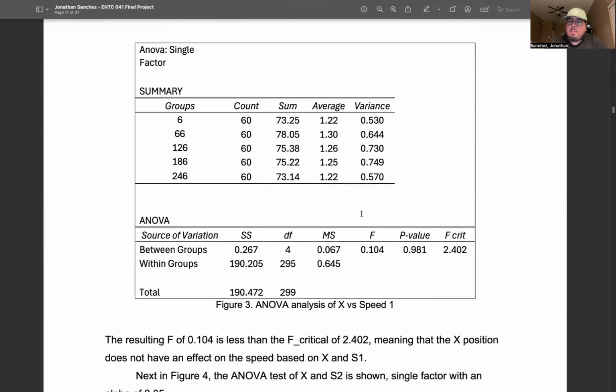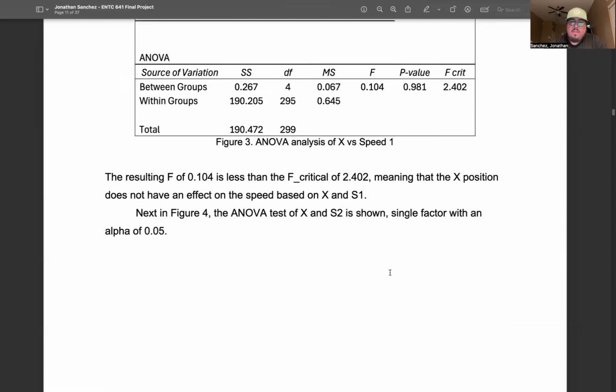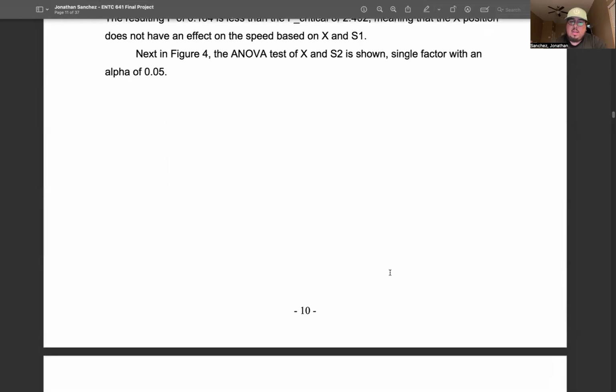For the X value, comparing it to the very first S1 speed column, the F value is way lower than the F critical. The P value is higher than the alpha, meaning that we failed to reject the null hypothesis, as in there is no connection between the X position and the S1 speed.